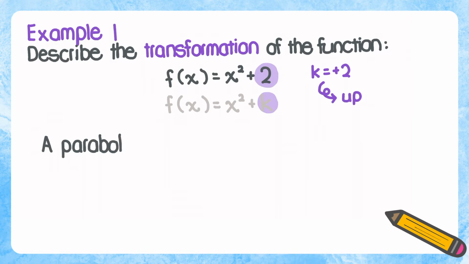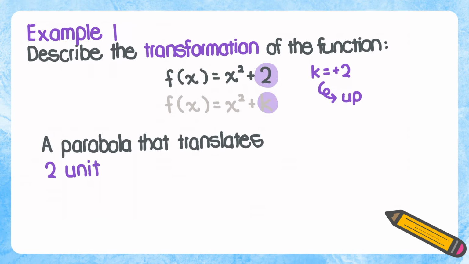So we have a parabola that translates, or moves, two units up because k is positive.